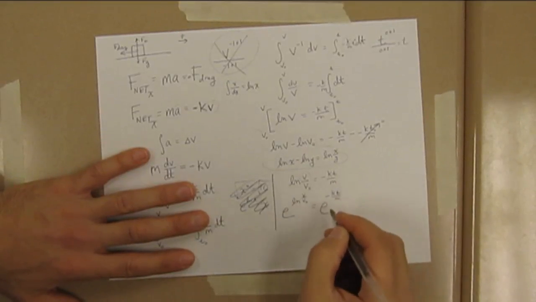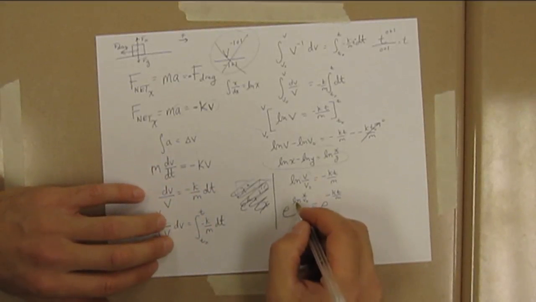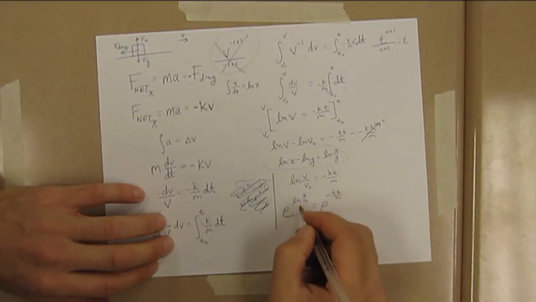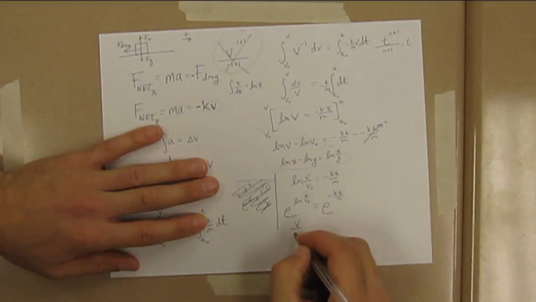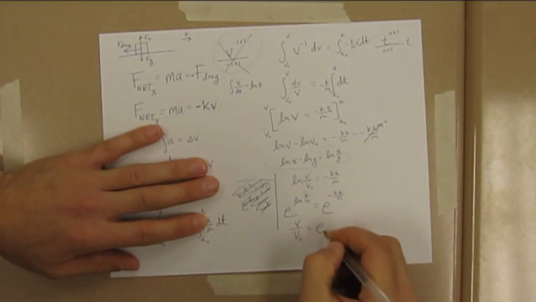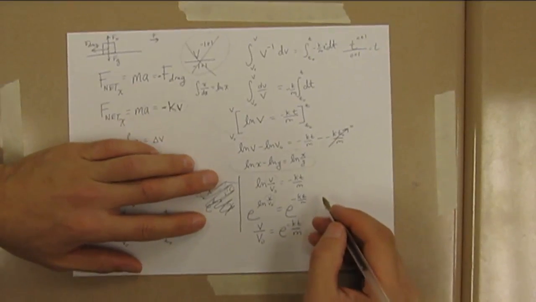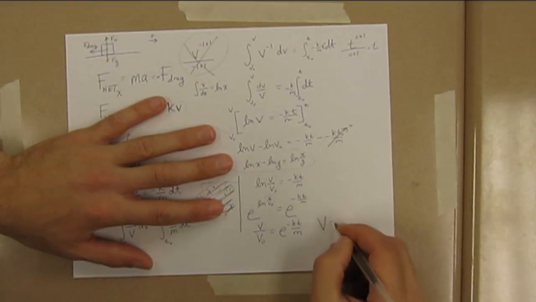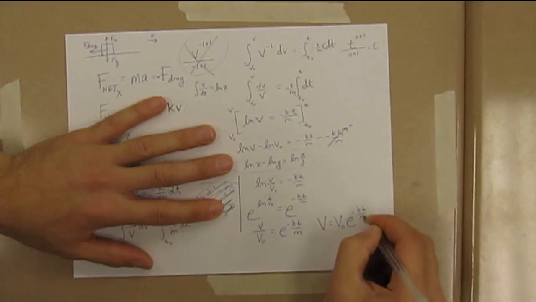So we raise both of these to the e, and because this is the undoing of that, it's like the square root of the square, that just leaves us with v over v0. So that just becomes this. And we're almost done. Let's just bring this v0 out here to the side so that this becomes v0 e to the minus kt over m.